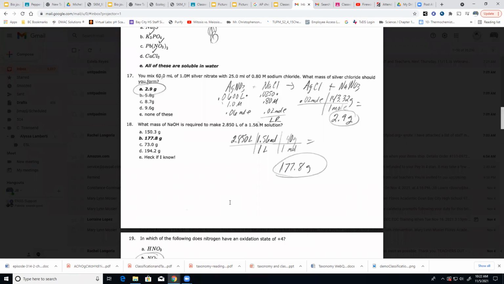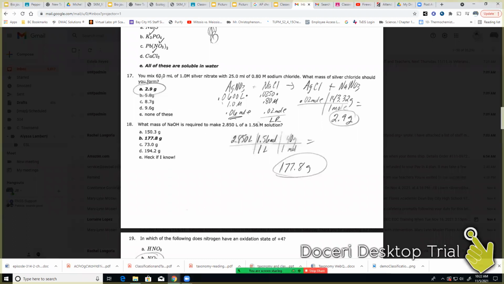And then a couple where you had to do a little bit of problems. Number 17 would be a limiting reactant problem because you have 2 givens. You had to figure out which one was your limiting reactant, and it was a 1-to-1 ratio. So that's what I was doing here.